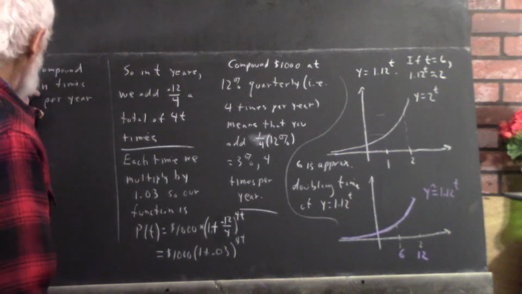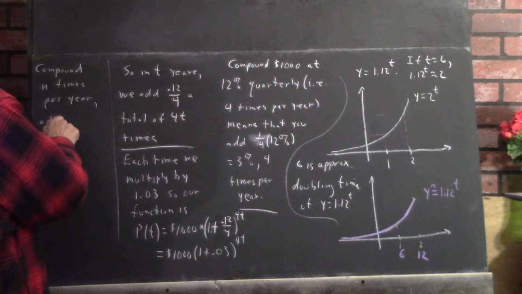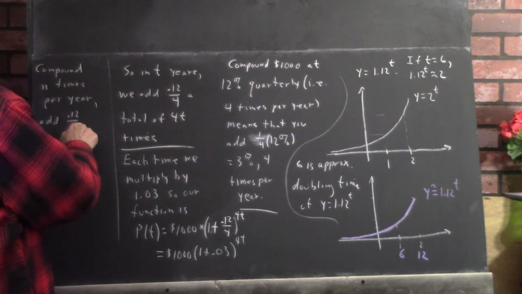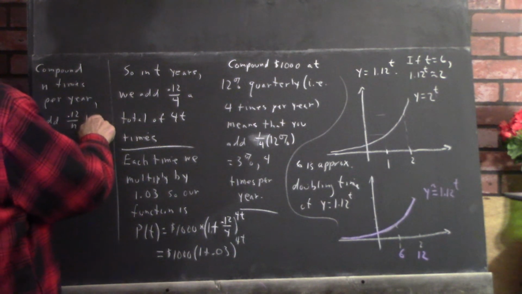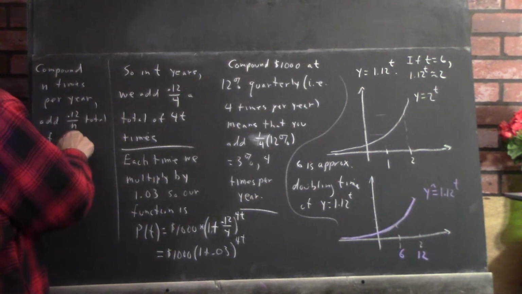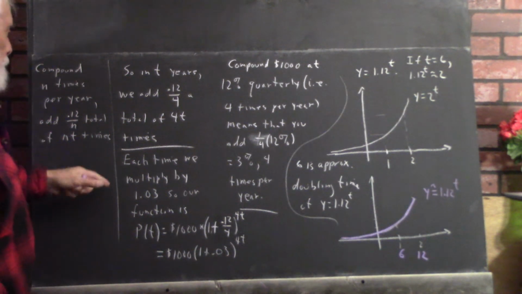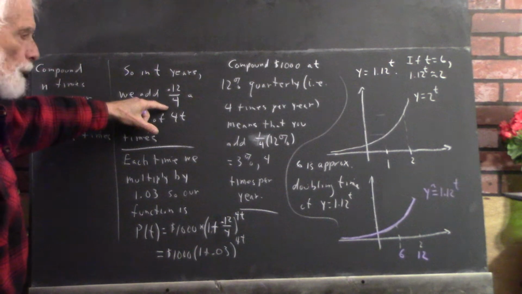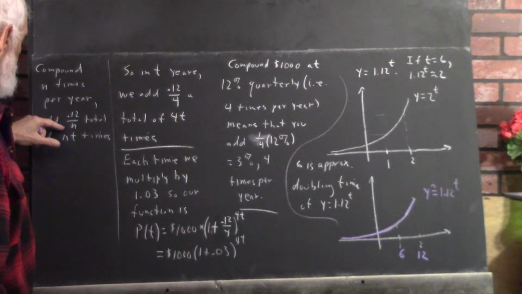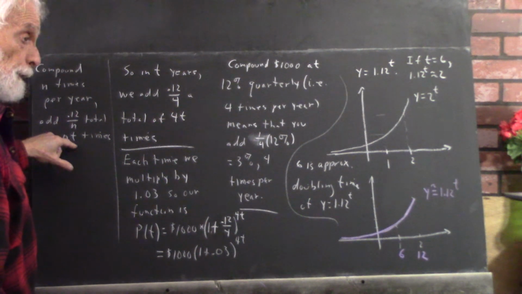If we compound n times per year, then the same thing, but we're dividing 0.12 by whatever number of times we compound it. And we're doing that n times t times, n times every year for 2 years.